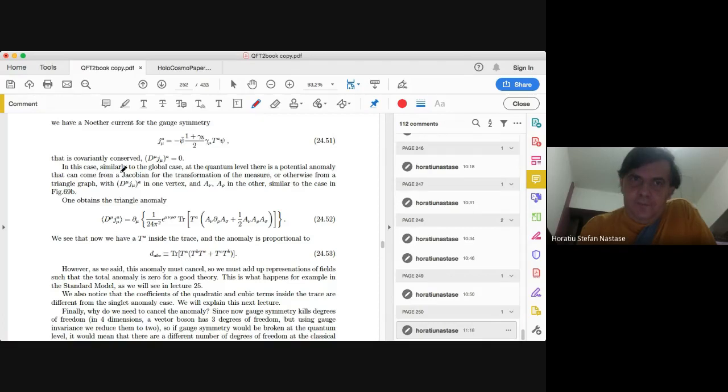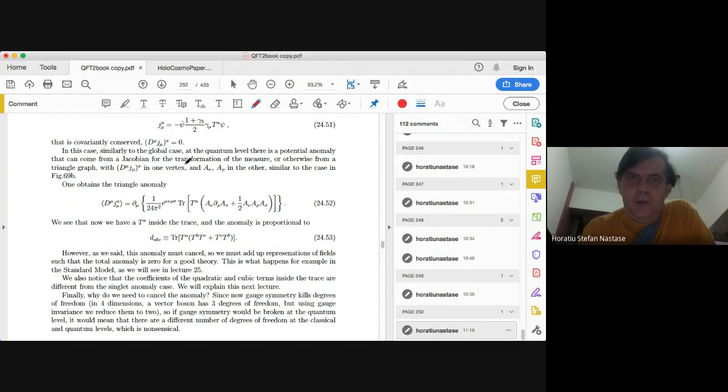Now, similarly to the global case, as I said, we have a potential anomaly. It can also come from the Jacobian of the transformation of the measure, or otherwise from the triangle graph.